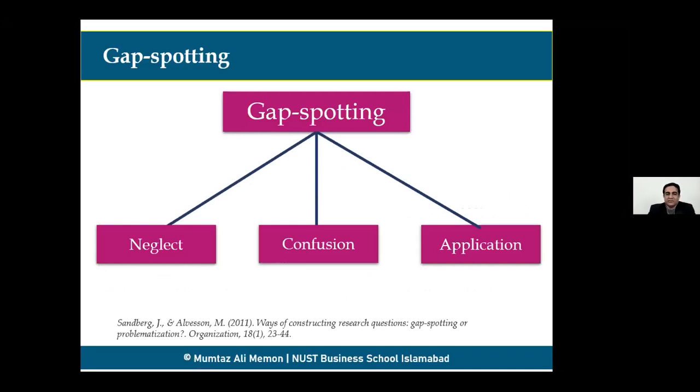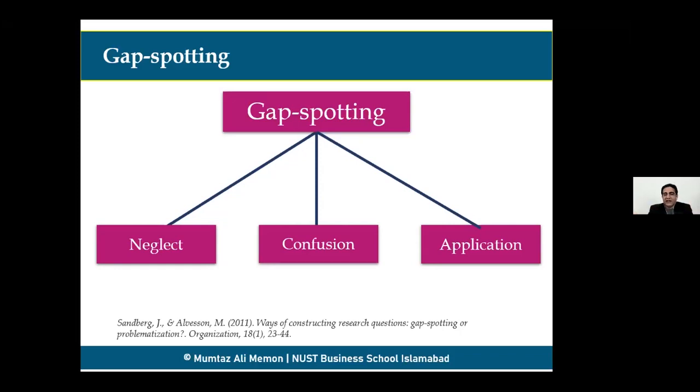Usually when you go through a thesis or read a research paper, you will see that people usually quote like this: previous research ignored this topic, XYZ. This topic is under-researched.